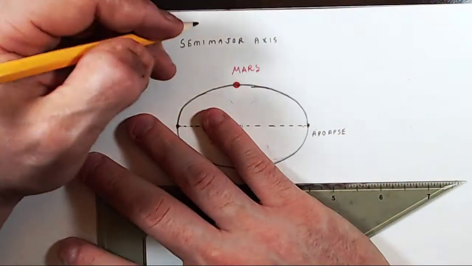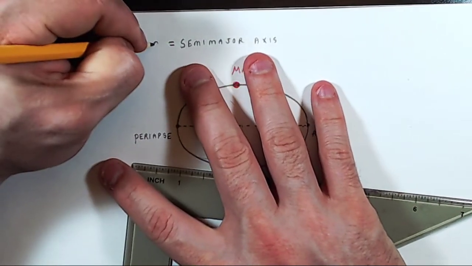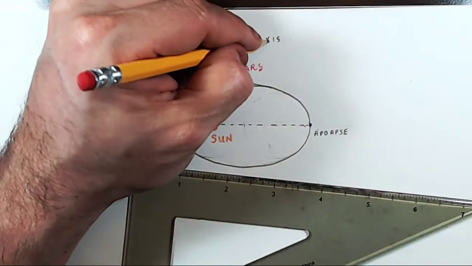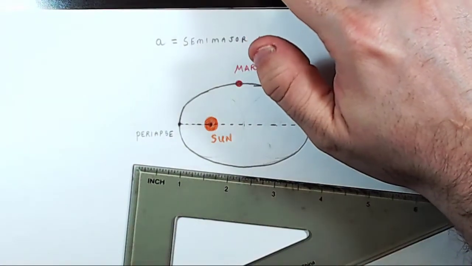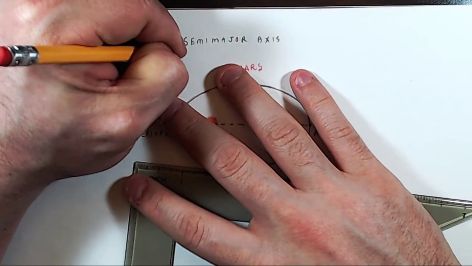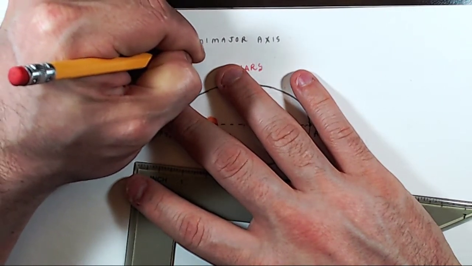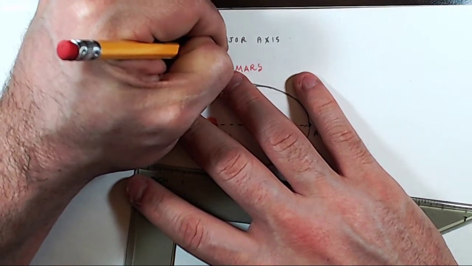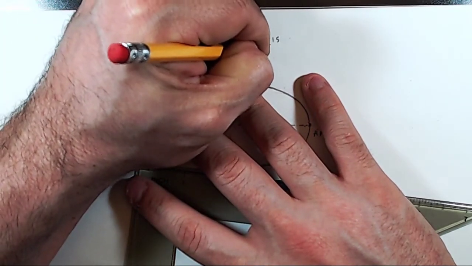And that is denoted by the letter A. Okay, so whenever you see A, that's the semimajor axis. The semimajor axis is measured in astronomical units.